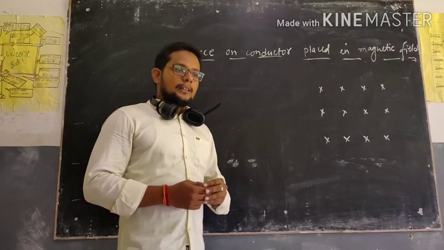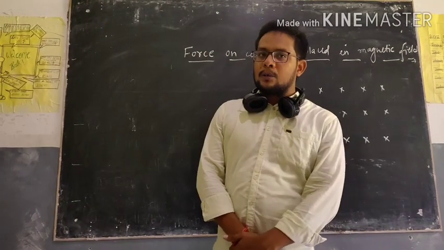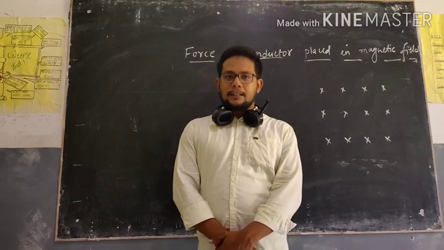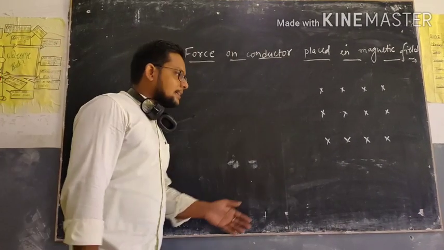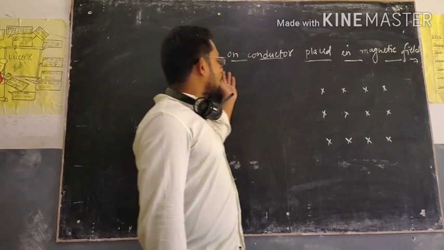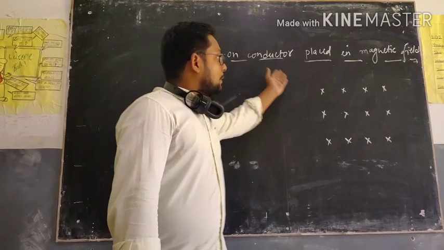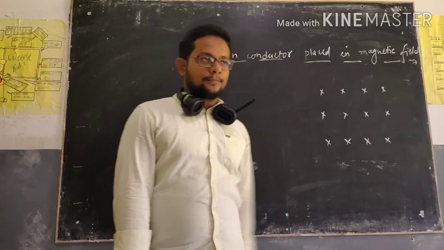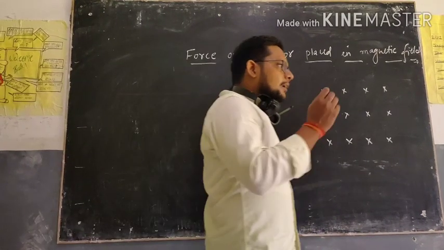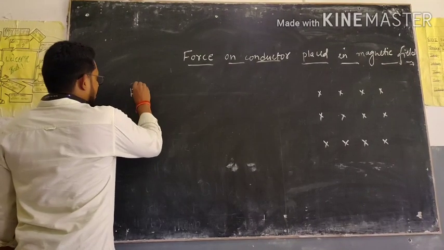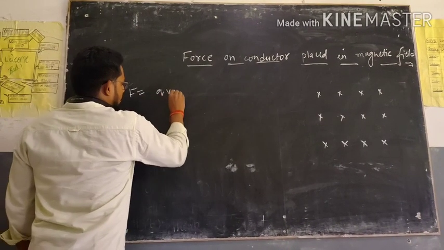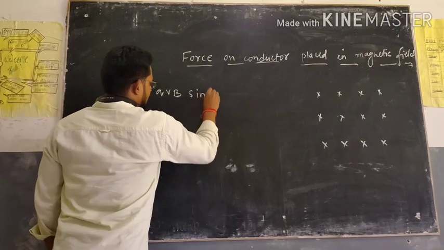My dear students, earlier you have studied about the force experienced by the charged particle placed in magnetic field. In this lecture, we are going to study about the force on a conductor placed in magnetic field. Earlier, you know that the force experienced by the charge was QVB sin theta.